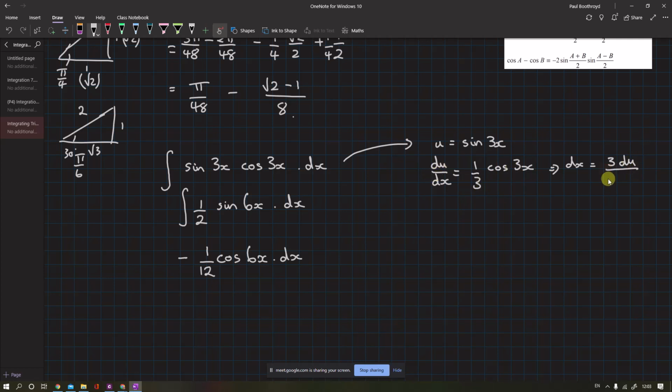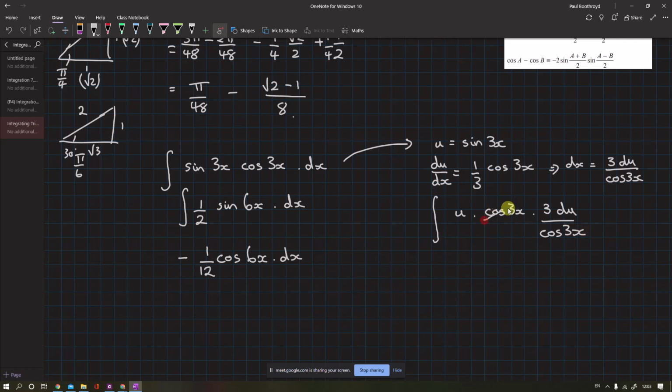the cos 3x. Now there's a beautiful thing happens here when I rewrite this in terms of u. The sine 3x becomes my u. Cos 3x, oh dear problem, but I also get du over 3 cos 3x.